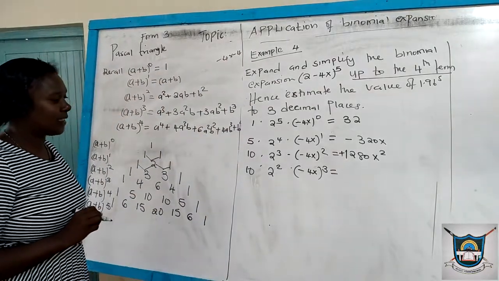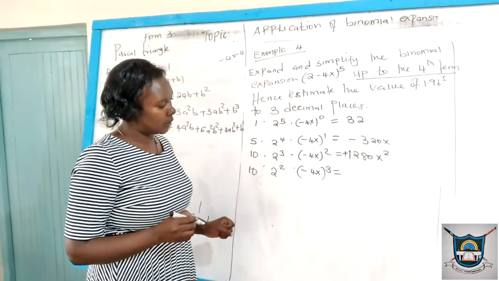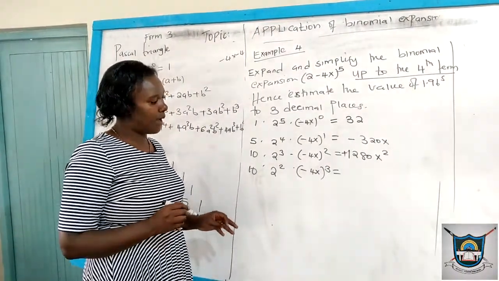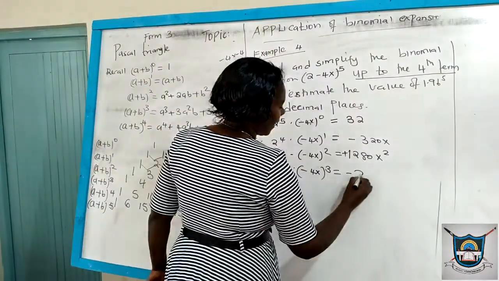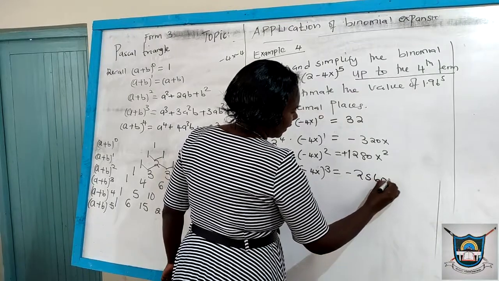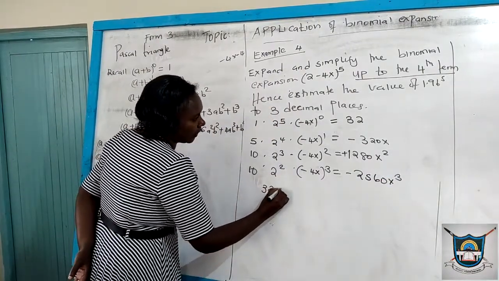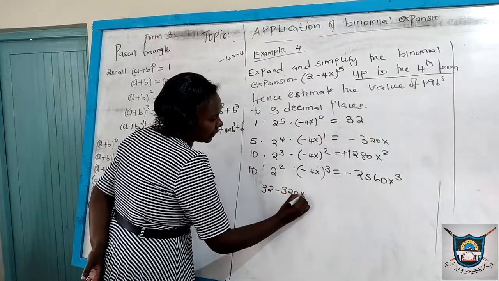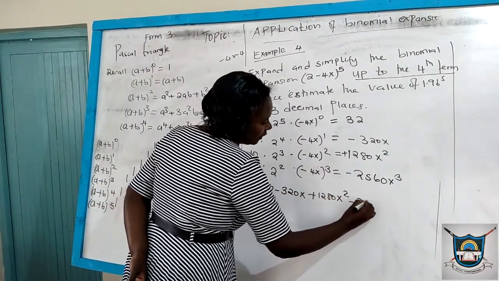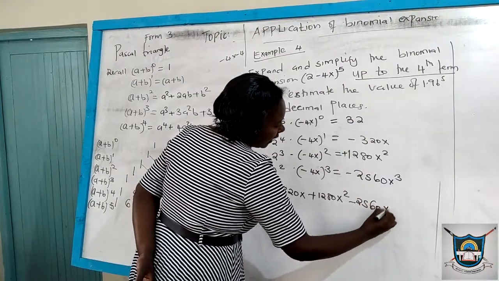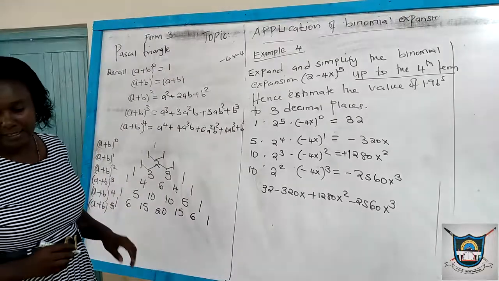The fourth one will be 10 times 4 to the power 3, which is 64, so it's going to be minus 2560x to the power 3. So our answer is 32 minus 320x plus 1280x squared minus 2560x cubed. So that is our answer. That is what is expected.